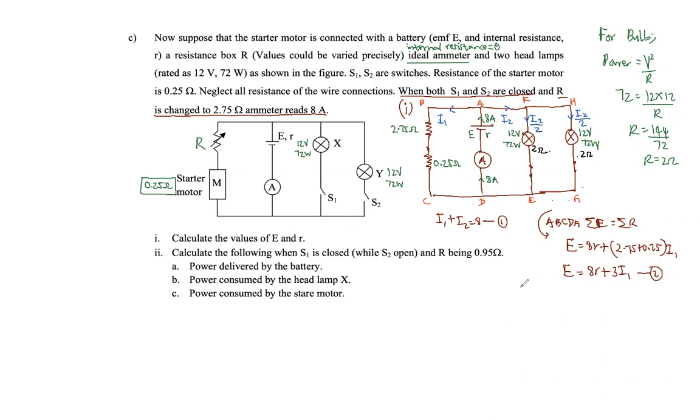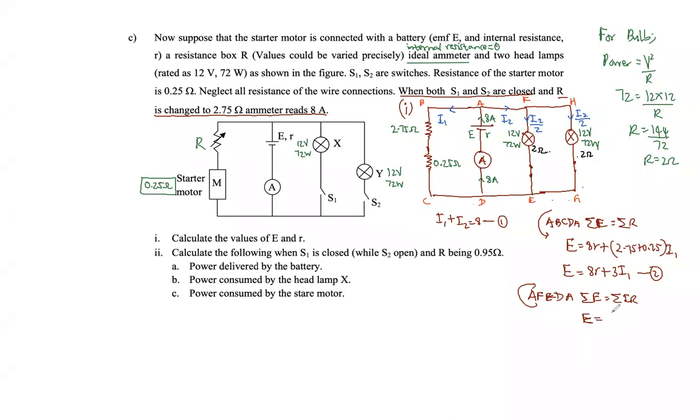Now if I apply the equation for the circuit A, F, E, D, A in the clockwise direction, again you can put sigma E equals sigma IR. Sigma E is still E, no change there.